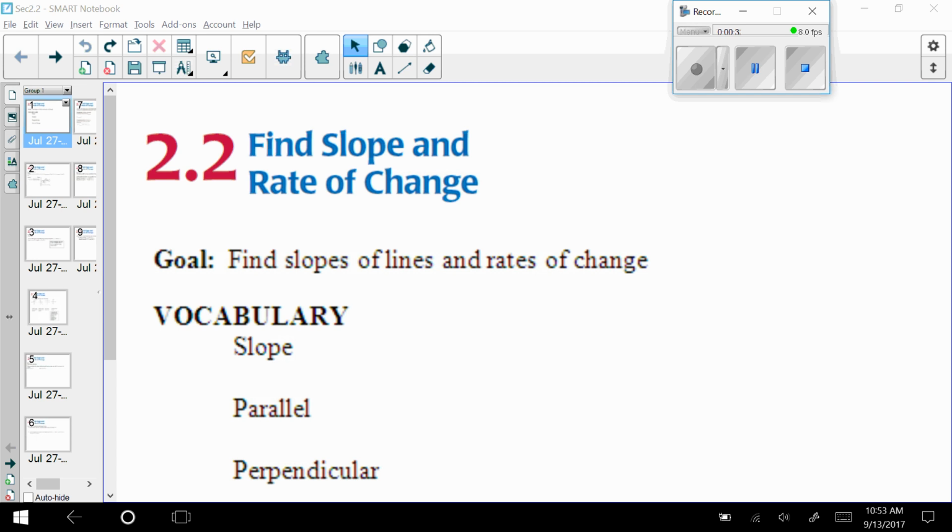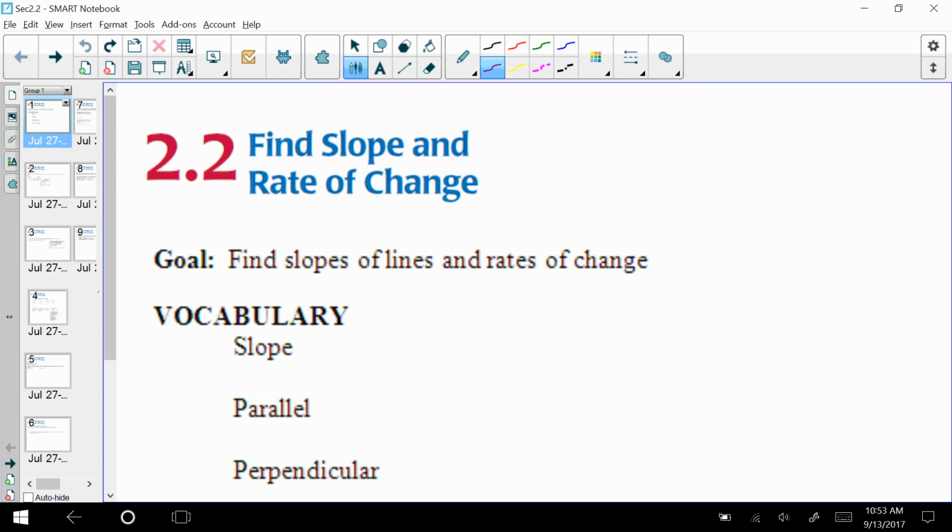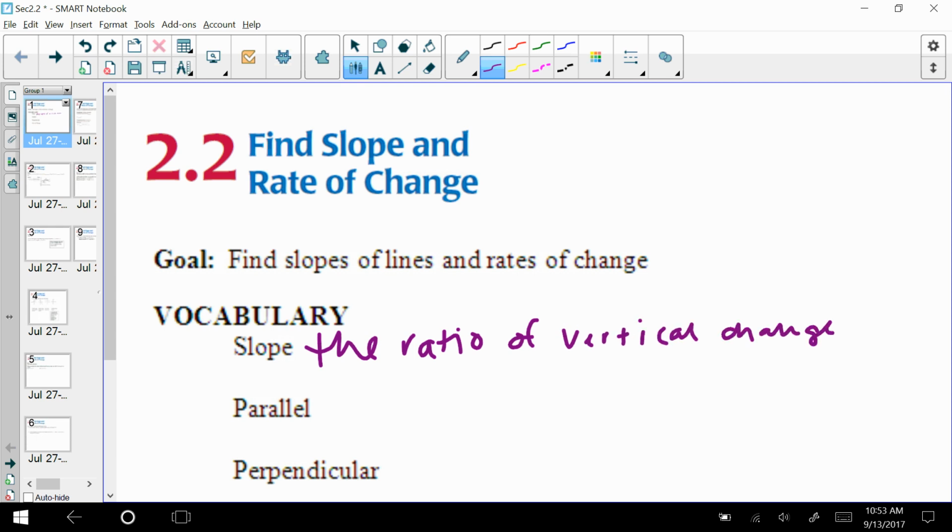So you've got a few vocab terms to start out with. The first is slope, and slope is defined as the ratio of vertical change to horizontal change. You might also recognize slope as m.